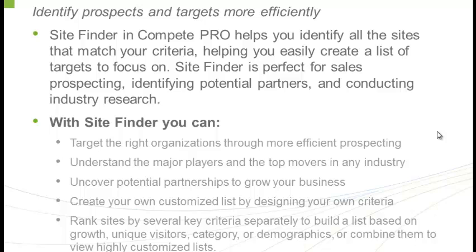Site Finder helps you identify all the sites that match your criteria, helping you easily create a list of targets to focus on. Site Finder is perfect for sales, prospecting, identifying potential partners, and conducting industry research.